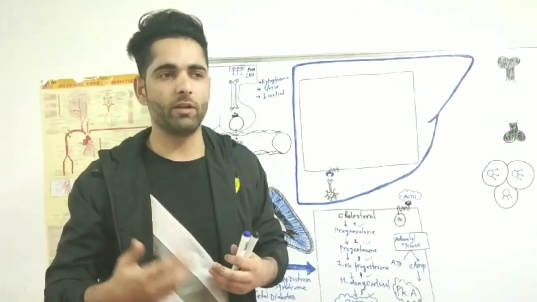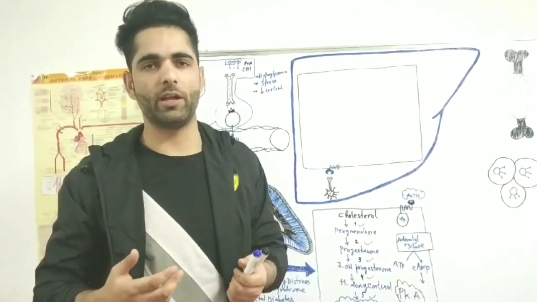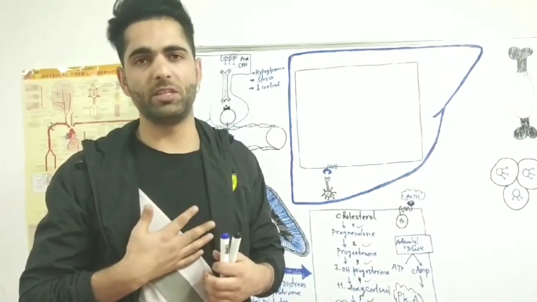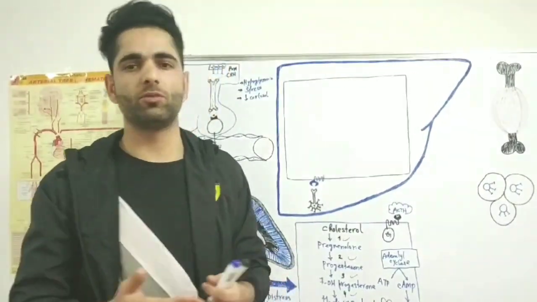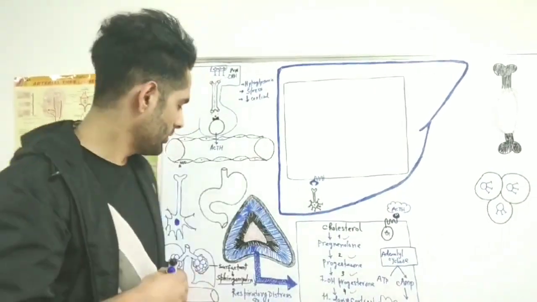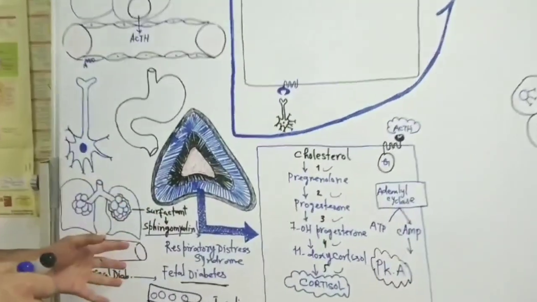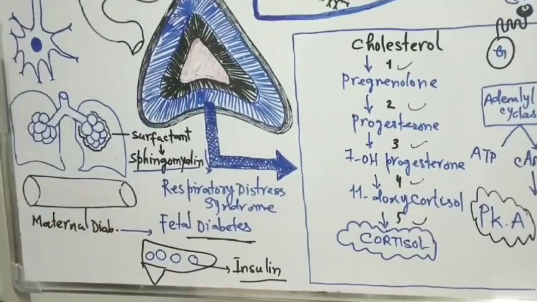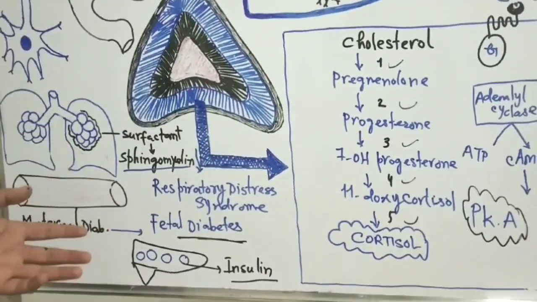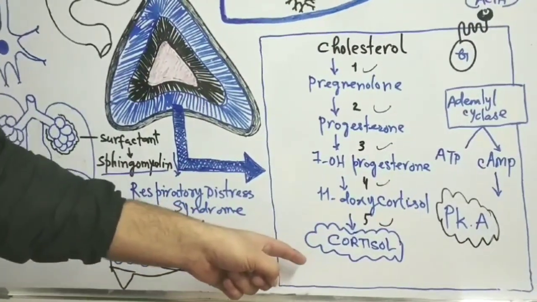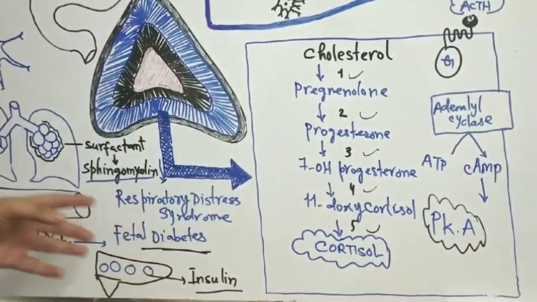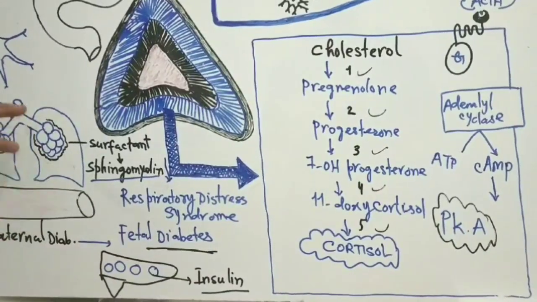The breathing rate will be very high, that is tachypnea, and the baby will also develop dyspnea, shortness of breath, and these babies we need to put on the ventilator. Okay, this was the clinical point regarding the cortisol, how the cortisol affects if there is deficiency of the cortisol. If there is low cortisol, what will happen to our lungs.